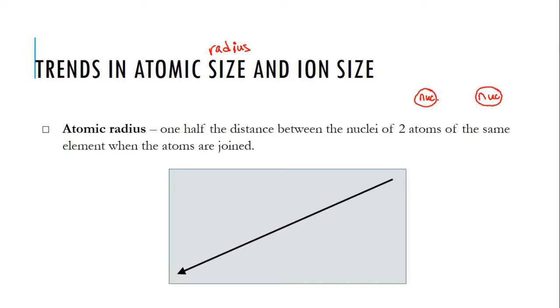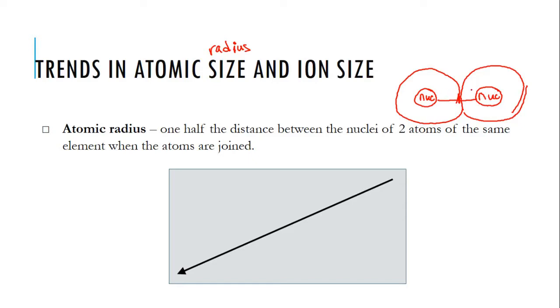So they'll measure the distance between the two and cut it in half, and then you assume there's equal distance around for one atom and equal distance around for the other. They just assume that half the distance between two nuclei is where the outer edges of the atom are. So that is how you define atomic radius. That's how they find it.